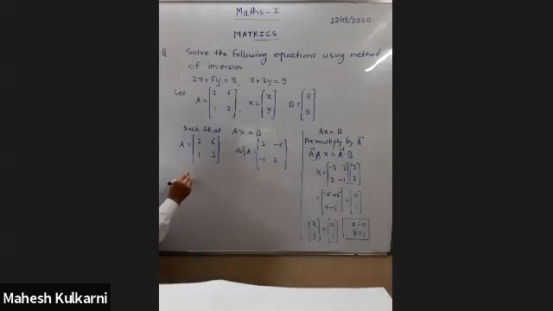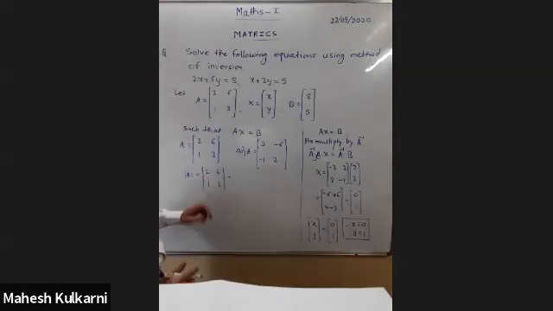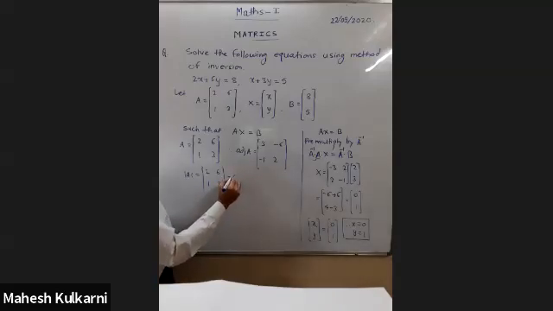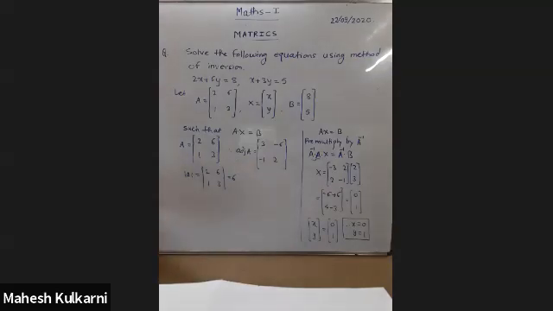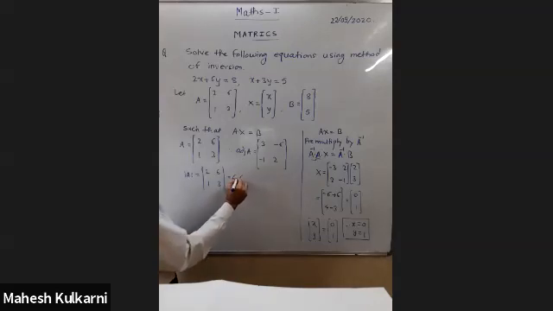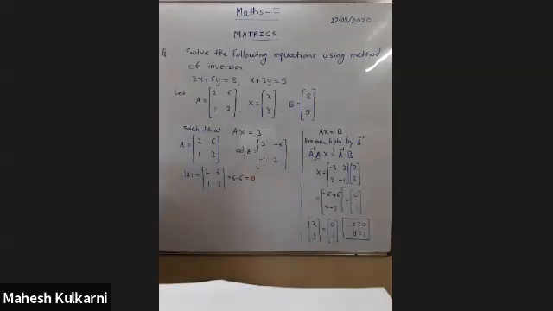Now find the value of the determinant of A. What do you get? 2 into 3 is 6, and what about this value? 6 minus 6 is 0.